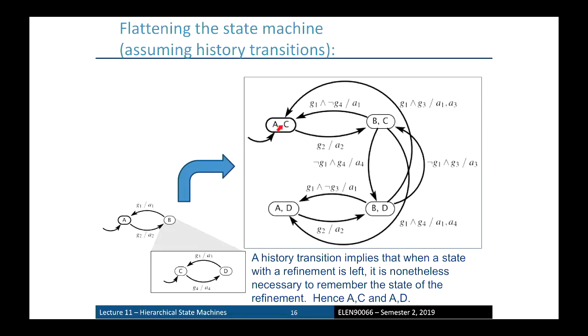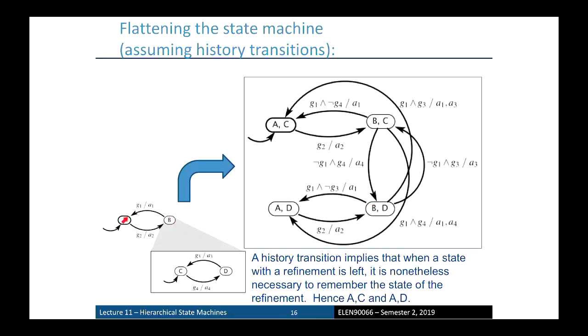So if we're in A and C, and we transition, we're going to assume we're defaulting in C, right? And G2 comes in, we go to B, and we represent that as BC. We have to keep track of this as an independent state, because if we then get G4 happen, and make sure that G1 is not also happening, we go to BD.